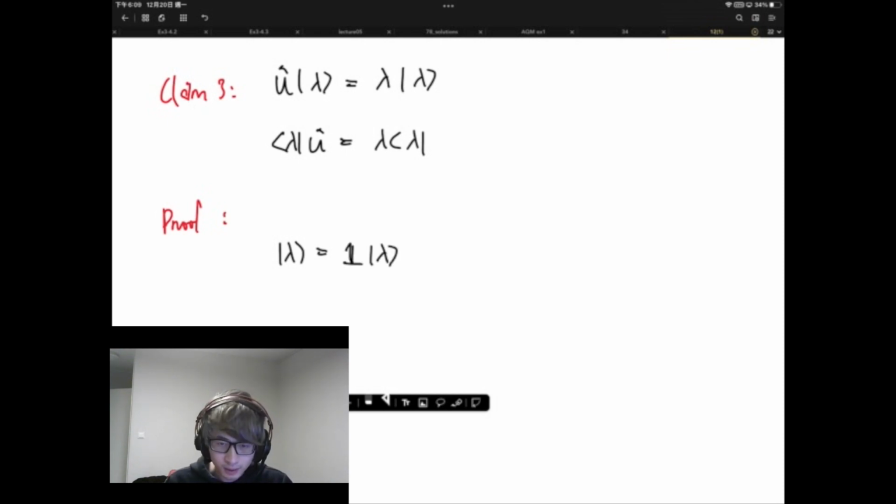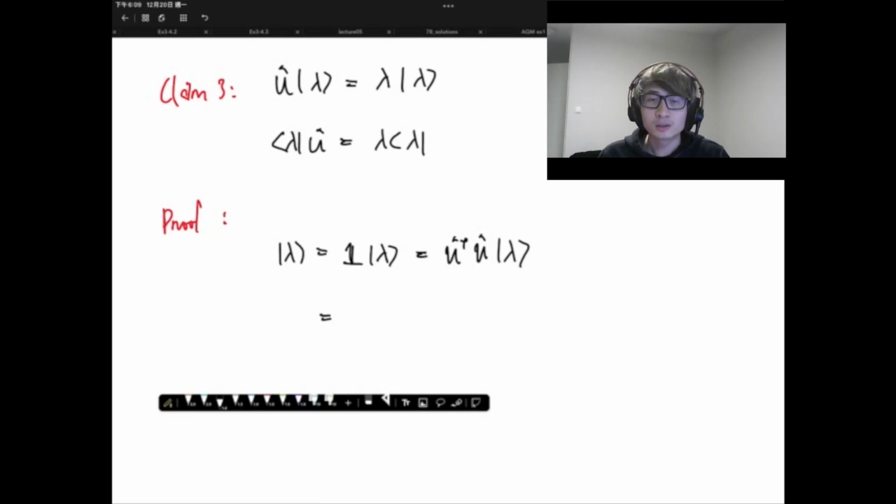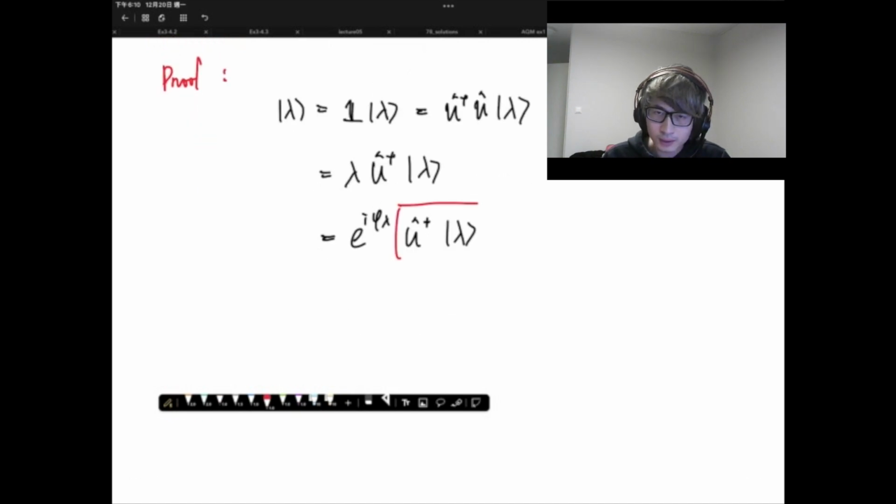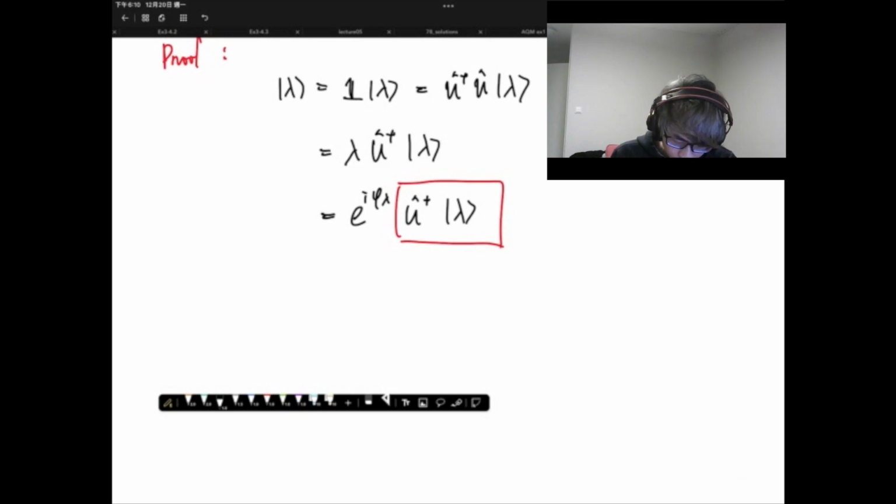We have lambda, and that's equal to the identity times lambda. And we know that the identity can be expressed as the unitary times its dagger. The unitary operator acting on the eigenstate gives out the eigenvalue lambda, and the unitary dagger acts on the lambda. Now we express lambda in exponential form, so e to the i psi lambda, U dagger lambda. Now I want to make this the subject of the equation.